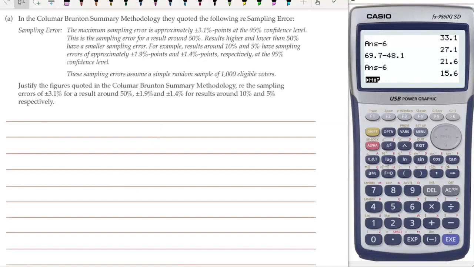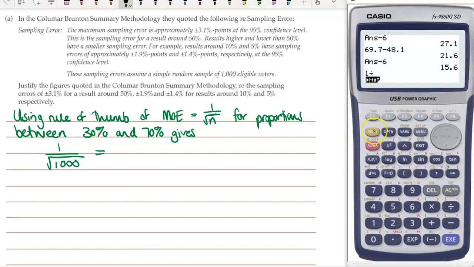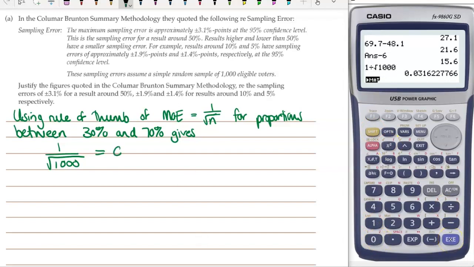When we're doing a result that is close to a 50-50 split, then we can use the rule of thumb for 50%. And that can be applied to proportions that are between 30 and 70%. Our n was 1,000, so 1 over the square root of 1,000 is 0.0316.